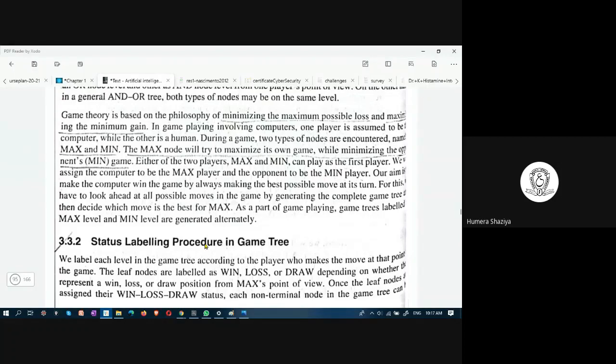In game playing involving computers, one player is assumed to be the computer, while the other is a human. And during a game, two types of nodes are encountered, max nodes and min nodes. A max node will try to maximize its own game while minimizing the opponent's game.